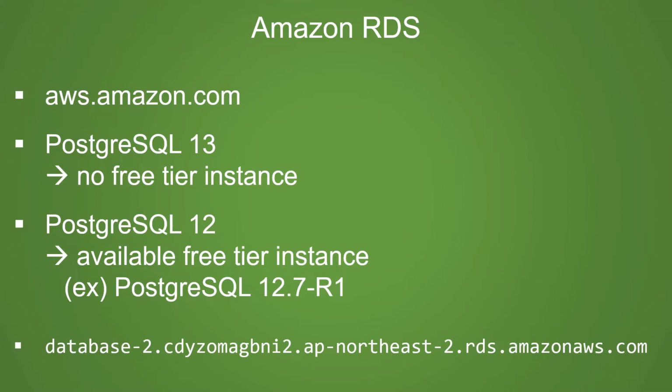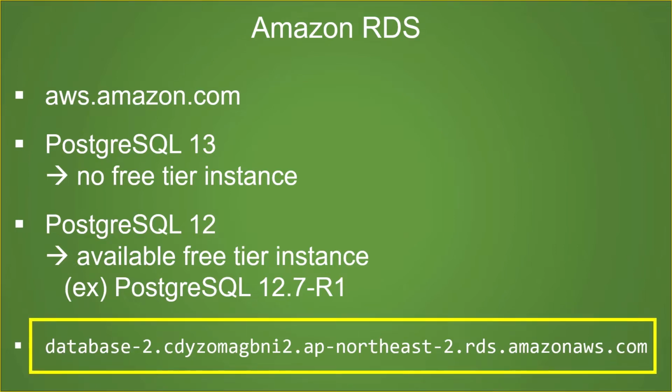Amazon RDS does not provide a free tier instance for PostgreSQL 13 version, so you must choose PostgreSQL 12 version, such as PostgreSQL 12.7-R1. After creating an instance, you will obtain a DNS name like this.